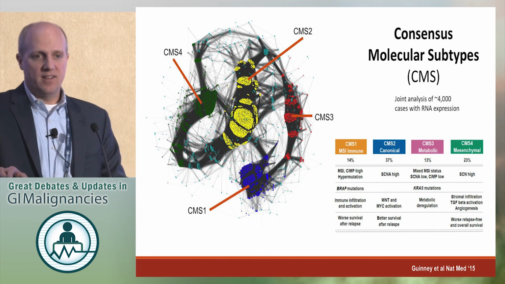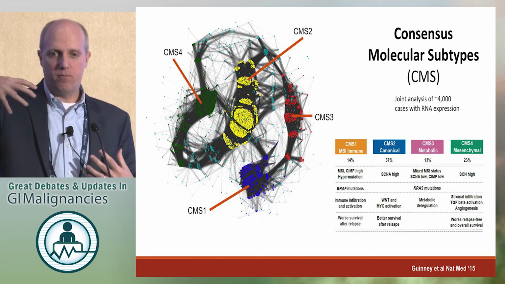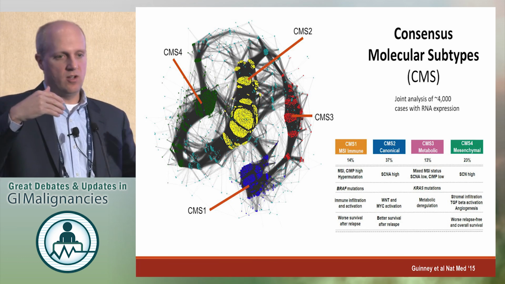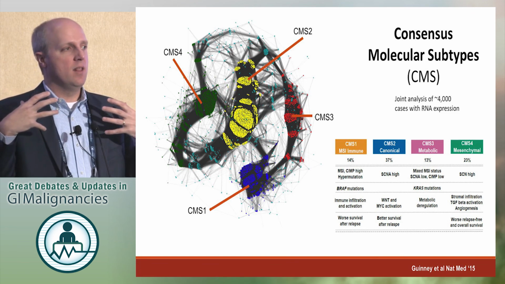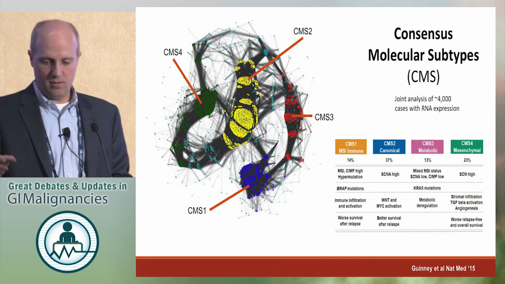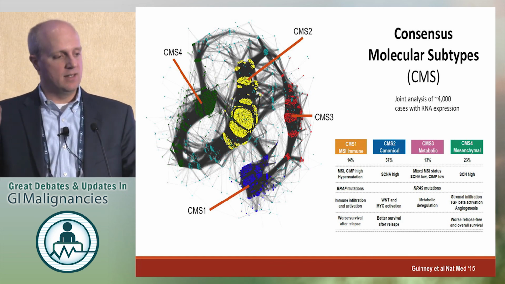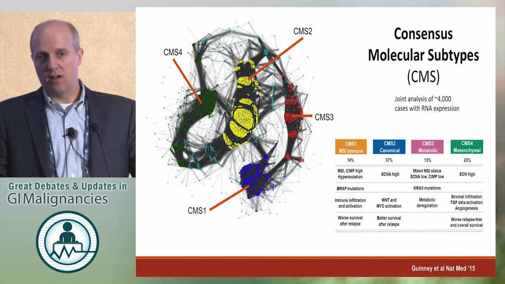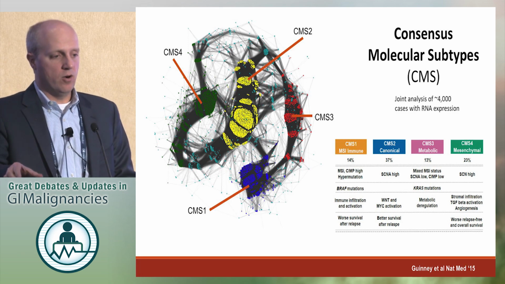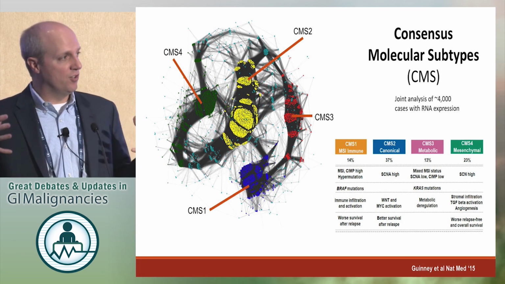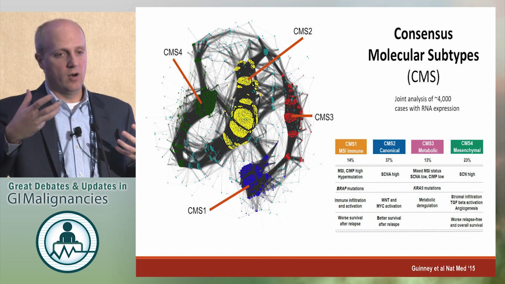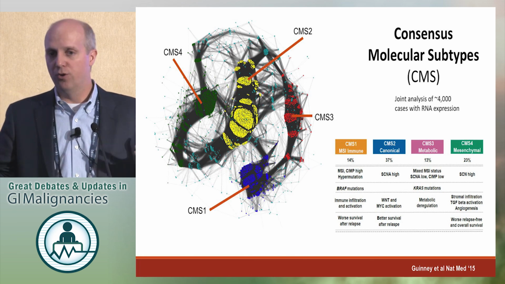So another way to look at that is to say there are a lot of different pieces feeding into it. What if, instead of looking at what's modulating genes and what's mutating genes, we just looked at the output, the gene expression pattern, what is actually most relevantly impacting the biology of the cancer? That's been a complex area, but as has been alluded to already, there are what we call consensus molecular subtypes, where the field has come together and said these are very clear patterns coming out of multiple studies.